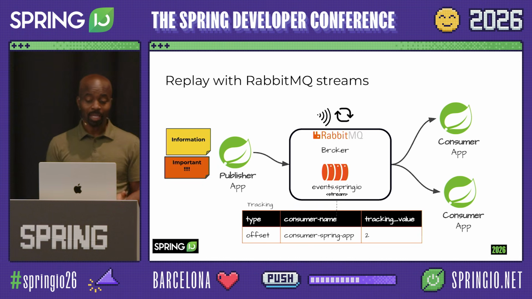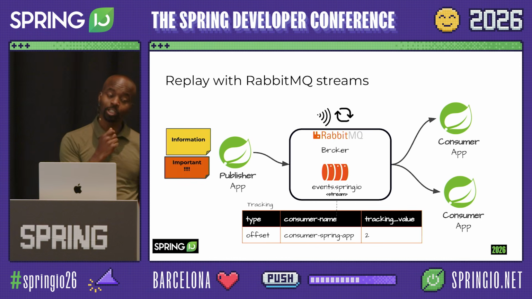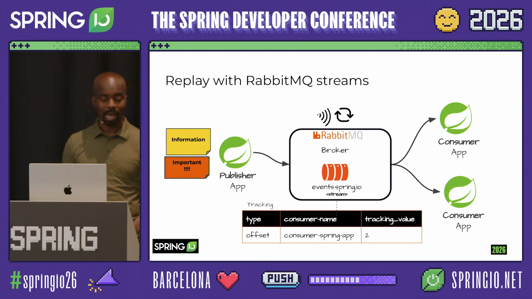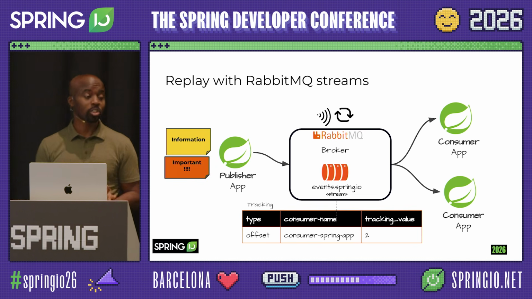But the good thing with replay is that, as an application, you can always tell Rabbit which offset you want to start from. So if you want to start from the first record or a specific offset, you can absolutely do that. Now, I'm going to show you how you would do that in some code.